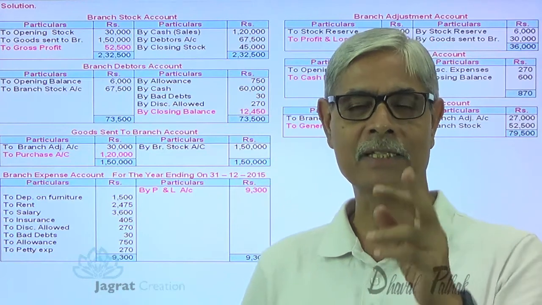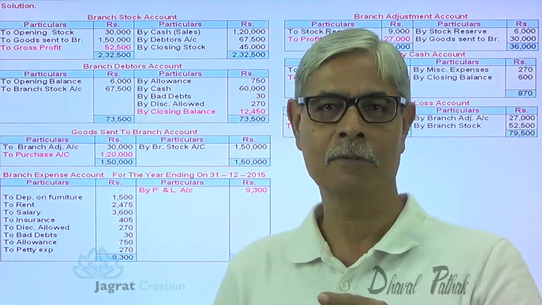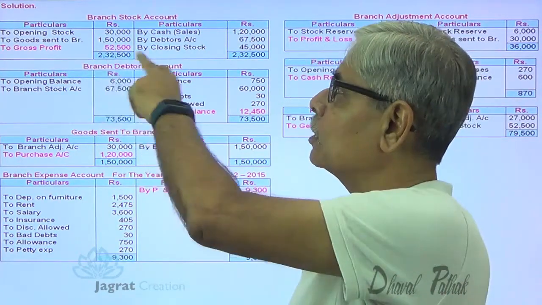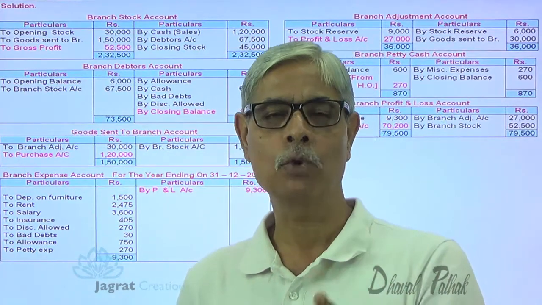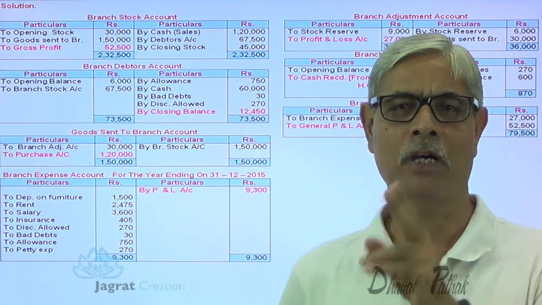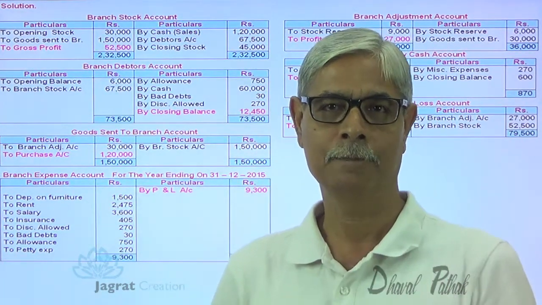In that situation, as the goods are sent at cost, the branch stock account is to be prepared at cost. The sales will be taken as per instruction, and the gross profit will be disclosed by the stock account. And when the goods are sent to the branch at cost, you are required to solve the sum by the stock and debtors system. Don't prepare a branch adjustment account.